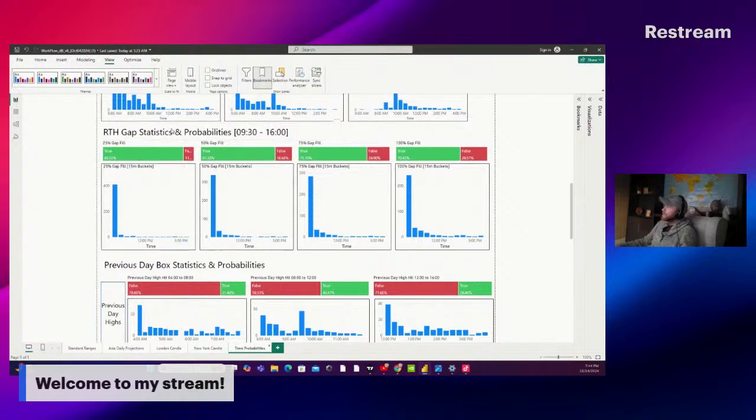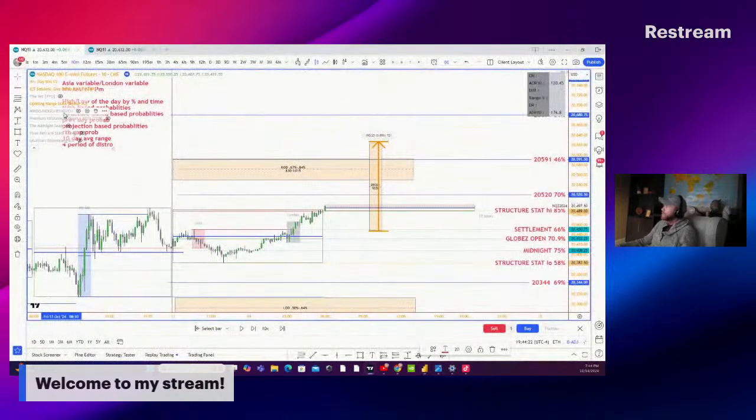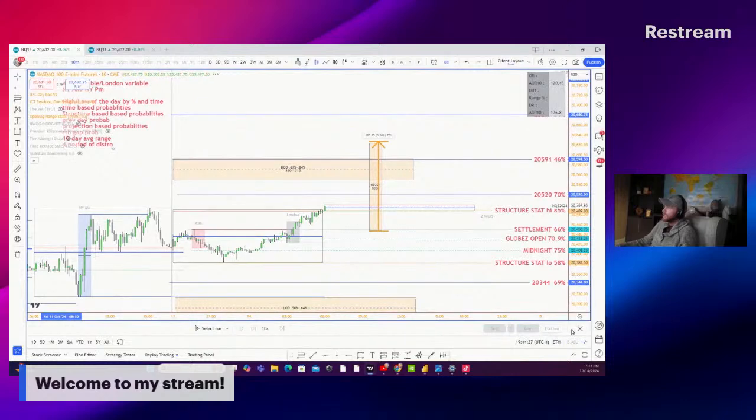And this is based off of what Asia and London has done. It is not to include the day of the week, right? If you want to do day of the week, you can always come over. First, let's do this real quick. Let's go to regular trading hours.